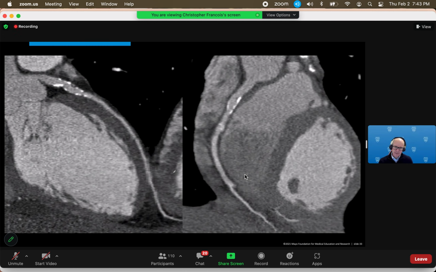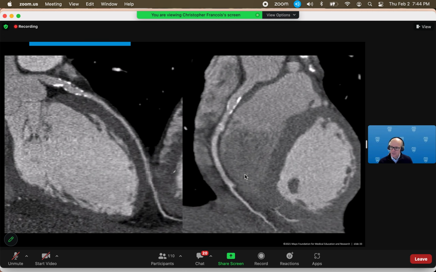In practice, on a busy clinical day like today, when I had like 30 cases, I predominantly just do it visually, subjectively. Does it look like it's less than 25%? Is it between 25 and 50, between 50 and 70, or is it more than 70?